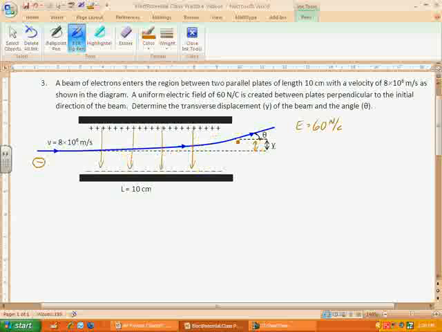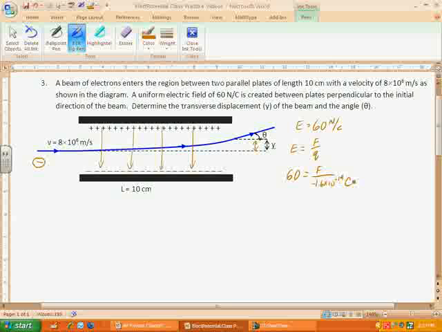So why is it being deflected? Well, obviously it's because there's some type of force there, right? Now we know that one of our AP equations is that the electric field is equal to the force divided by the charge. So let's plug that in. We know that the electric field is 60. We're going to solve for the force, and Q, our charge, is negative 1.6 times 10 to the negative 19th coulombs.